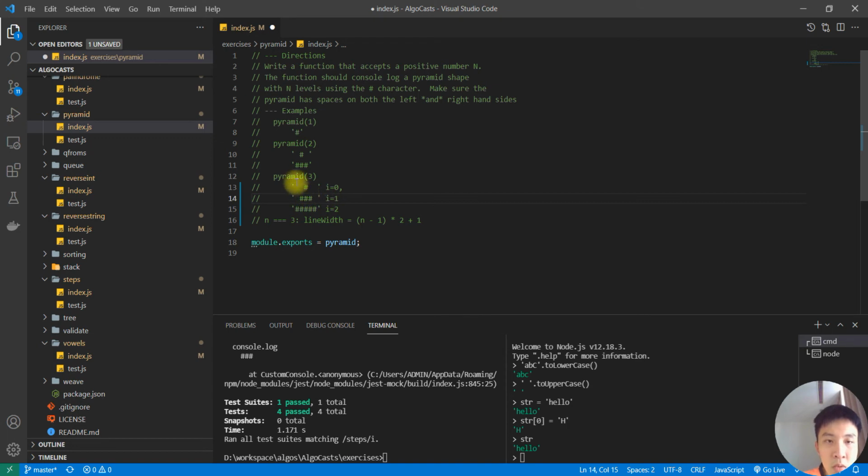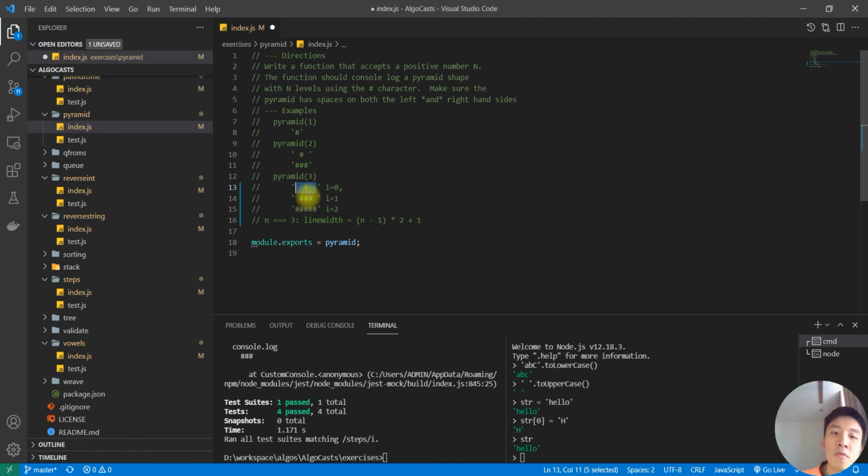So for example, here the line width is 5, indices 0, 1, 2, 3, 4, so 2 is the middle index.